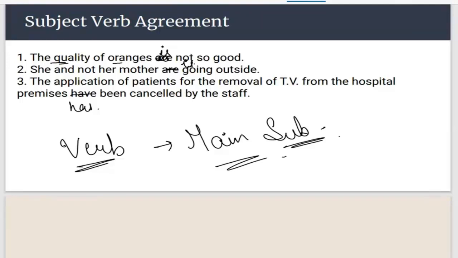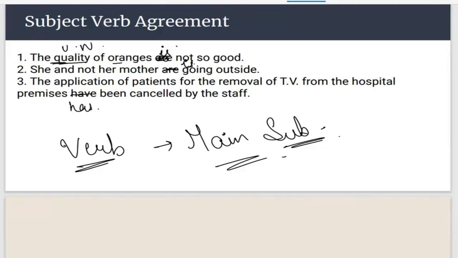Is the main subject oranges or quality? In this sentence we are talking about quality, or particularly the quality of oranges. And quality is an uncountable noun, so with it we will be using a singular verb. So are is replaced with is in this sentence.